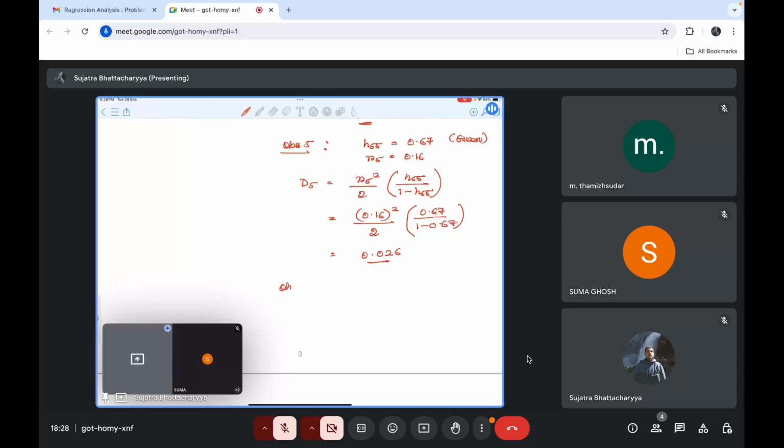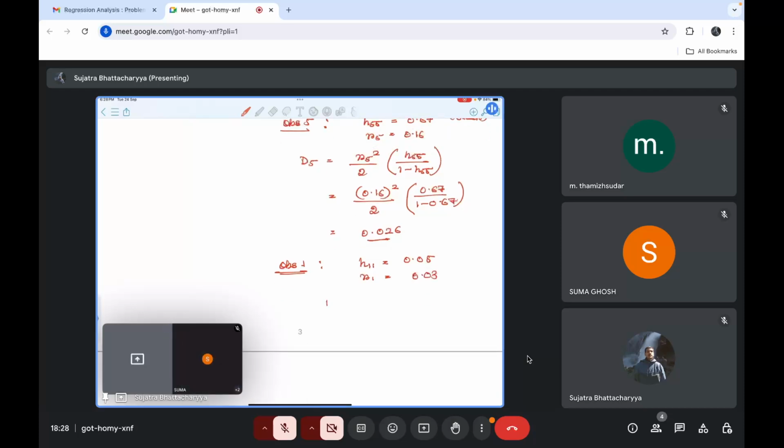And last is observation 1. Let me just write the values. H11 is 0.05 given. R1 is 0.03. Very small values, as you can see. So just calculate. This becomes 0.03 square divided by 2, into 0.05 divided by 1 minus 0.05. Right?